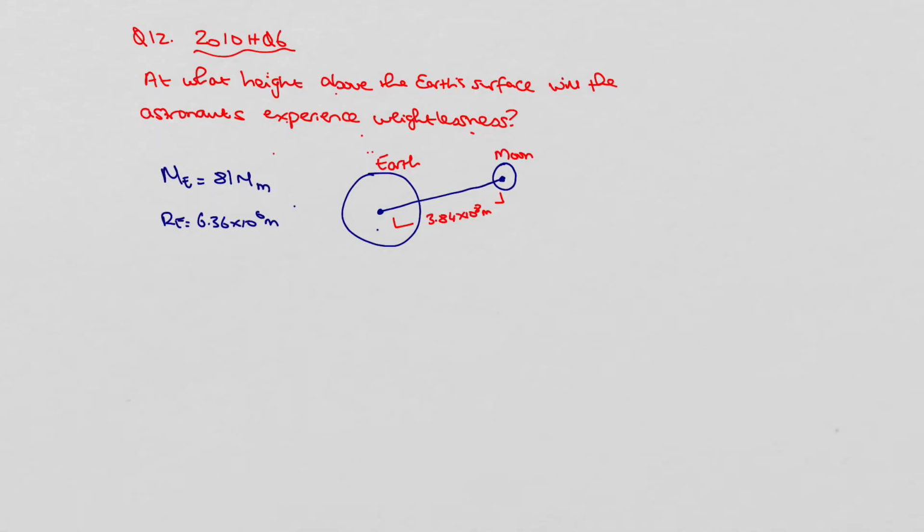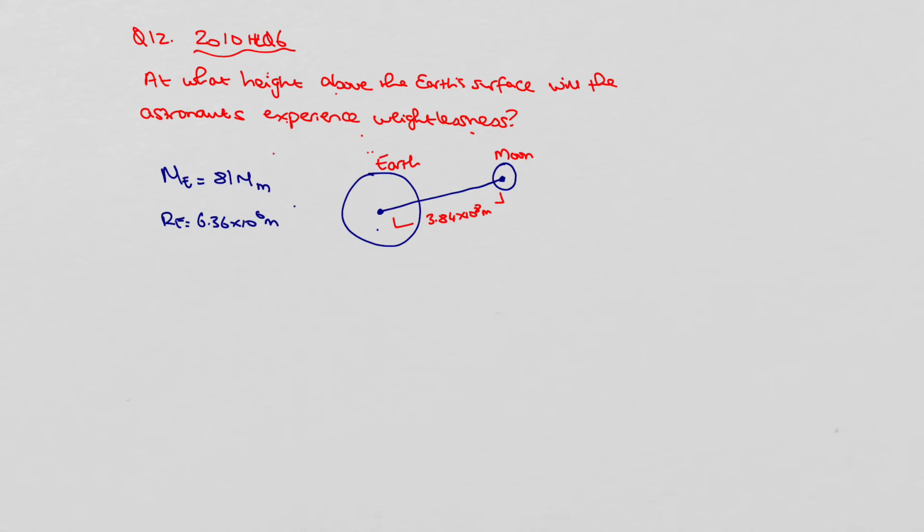So the second question here was question 12, and this is still from 2010 on the higher level paper, question 6. So it was actually part of the same question. We're asked, at what height above the Earth's surface will the astronauts experience weightlessness? And we're given the mass of the Earth to be 81 times the mass of the Moon, and the radius of the Earth to be 6.36 by 10 to the power 6, and we're also given the distance between the centres of the Earth and the Moon.